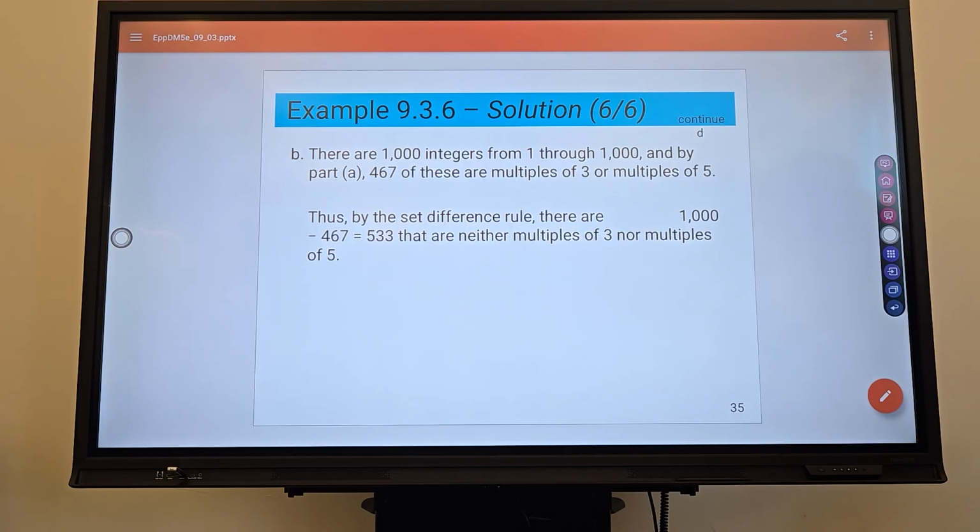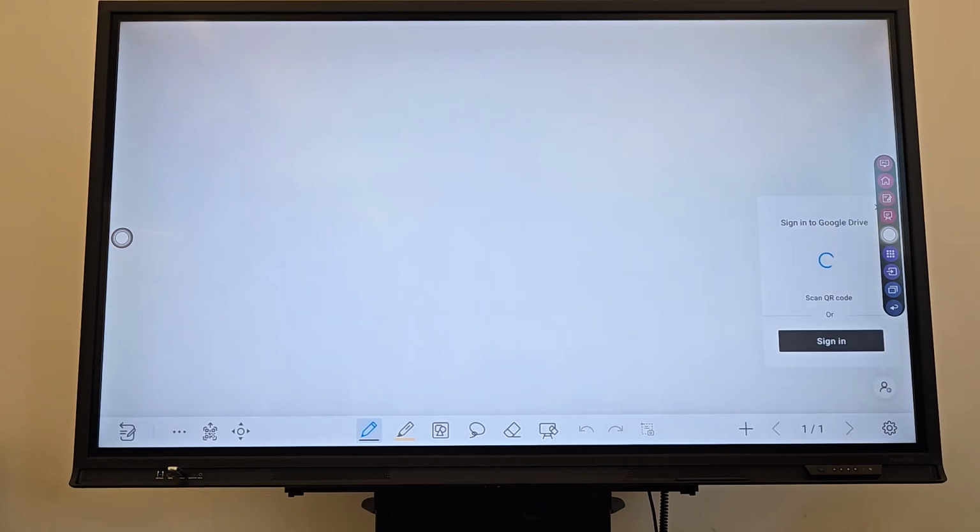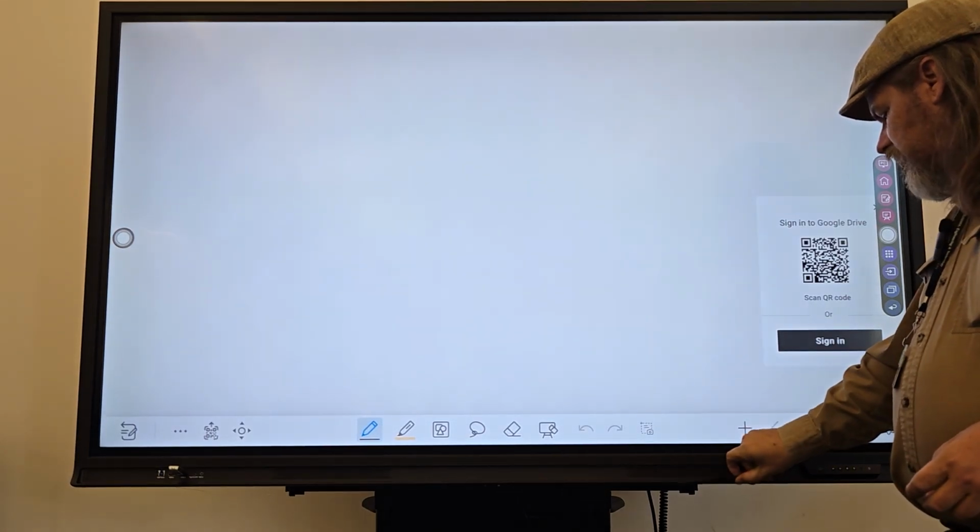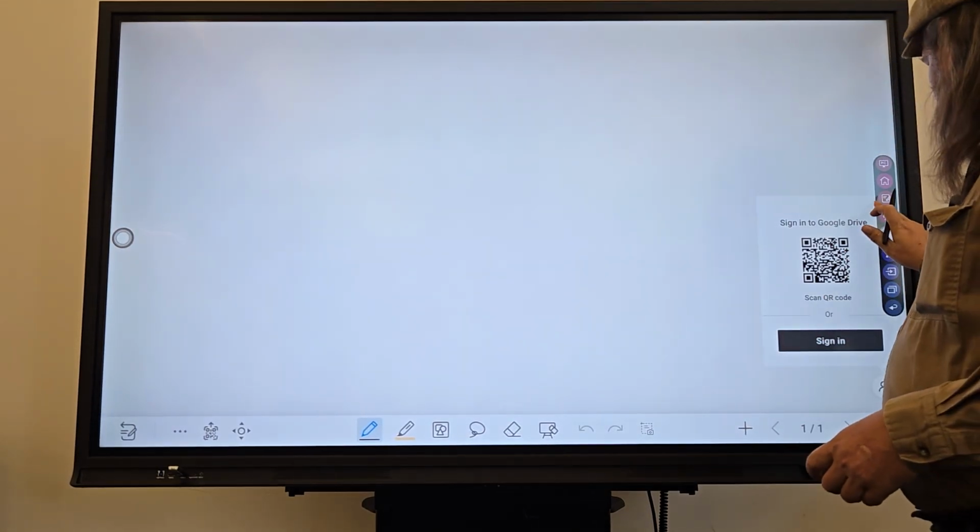There's a little bit of new notation in there from set theory in chapter 6.